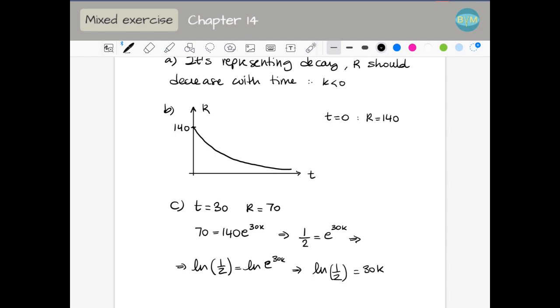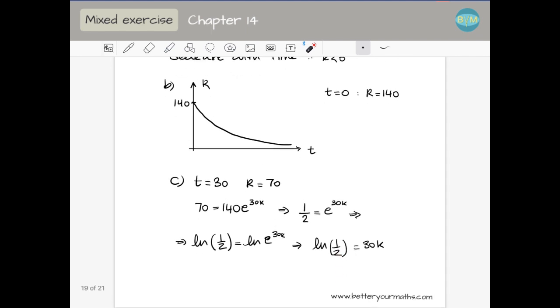And we have to make k the subject and write it in terms of ln 2. So we can say that k is 1/30 ln, and instead of 1/2, I'm going to bring this into the numerator as 2 to the power of -1, because that is going to help us, yeah?